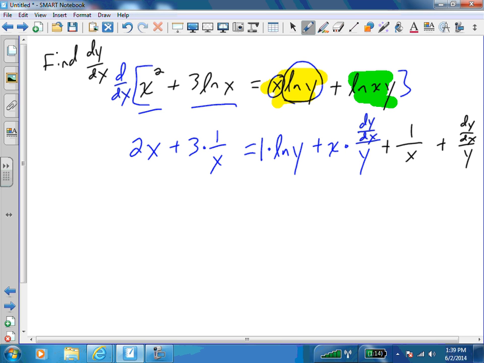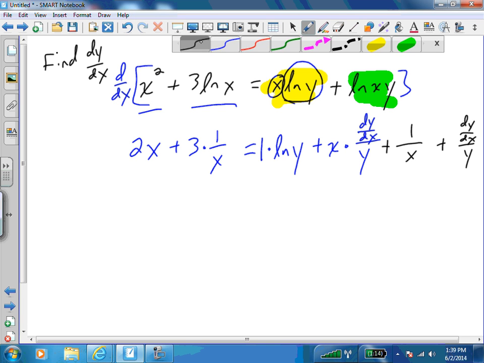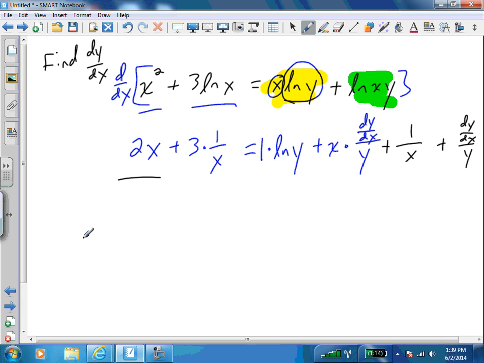Let's rewrite this just a little bit before we solve for dy over dx. The first term, well, 2x, that's about as easy as we can write that. The second term, we can write that 3 times 1, so 3 over x. On the right side, natural log y.